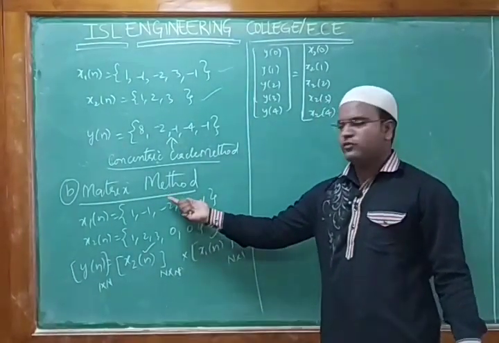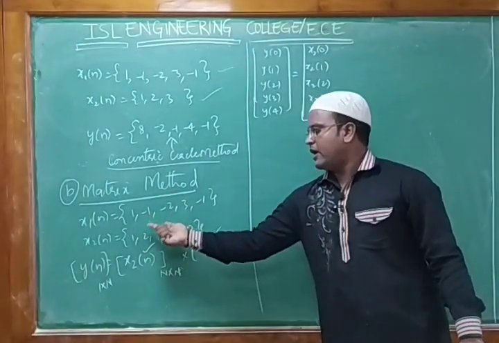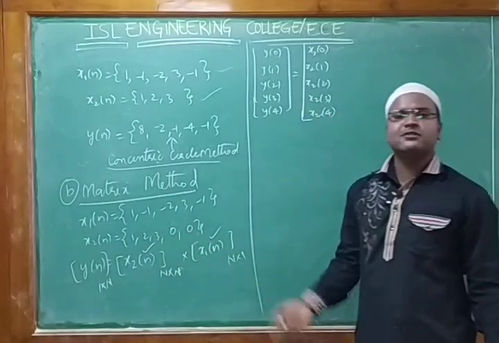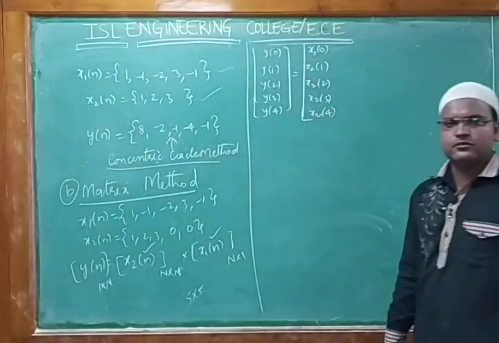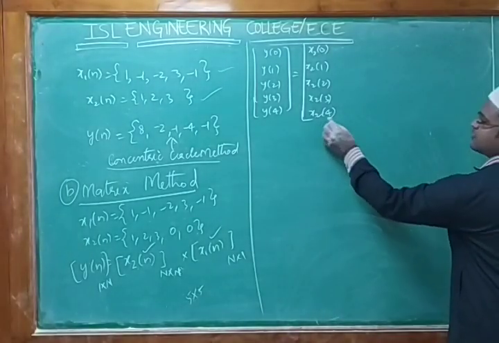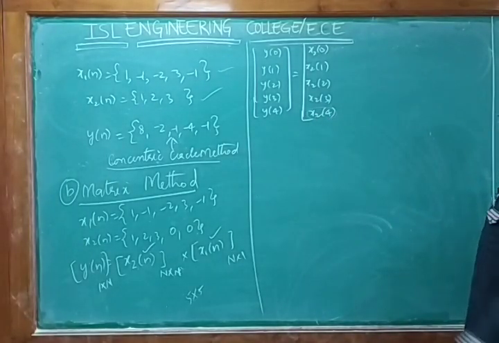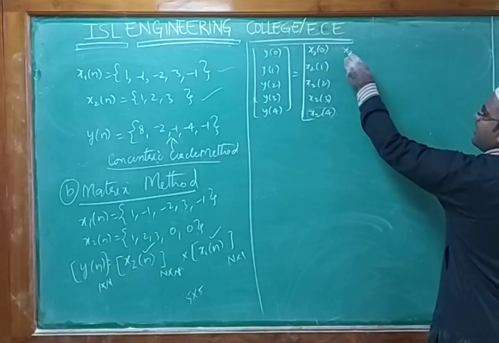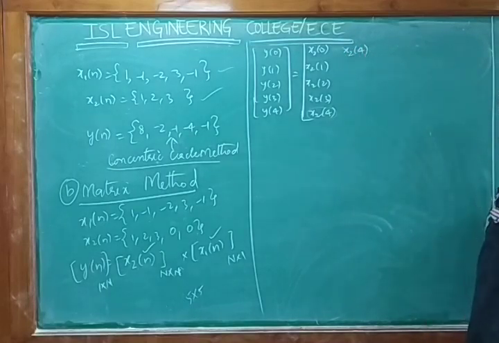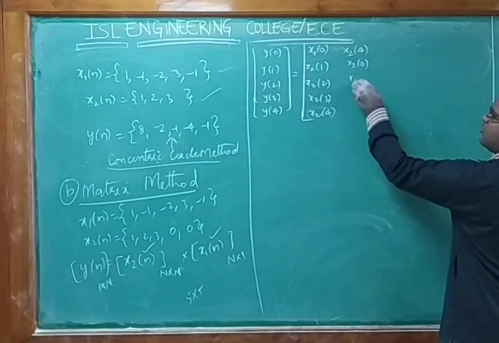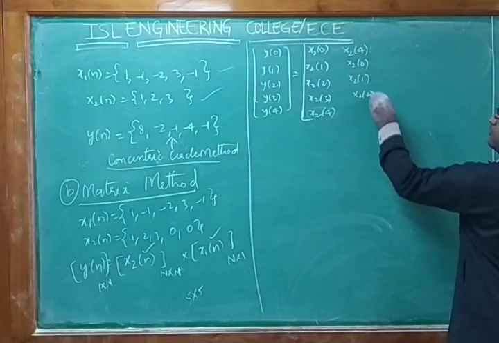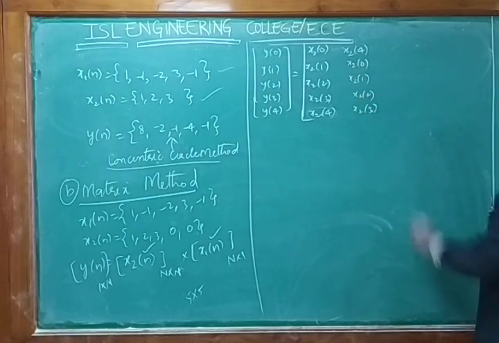How many elements are there? 1, 2, 3, 4, 5, means 5 into 5: 5 rows and 5 columns. Where have we stopped? At x2 of 4. So we start from x2 of 4 and follow the same sequence: x2 of 0, x2 of 1, x2 of 2 and x2 of 3.